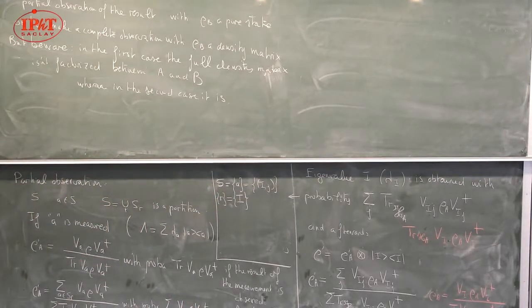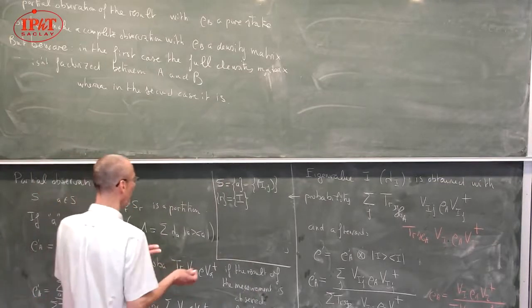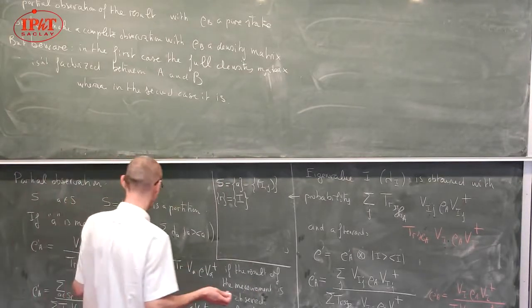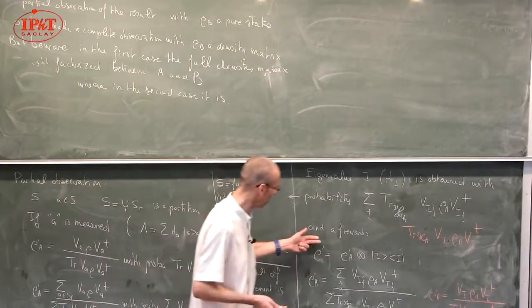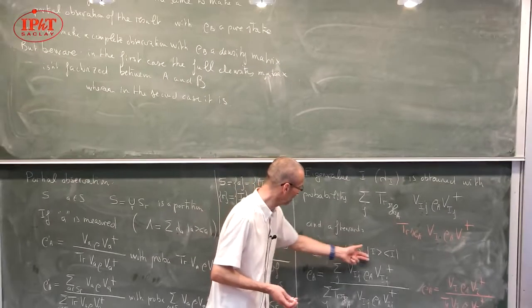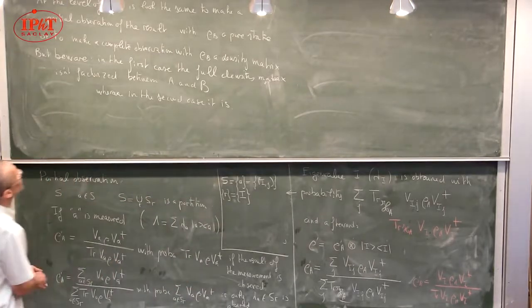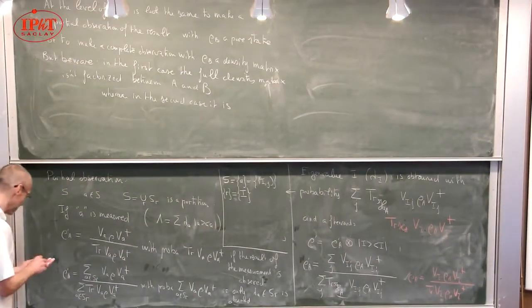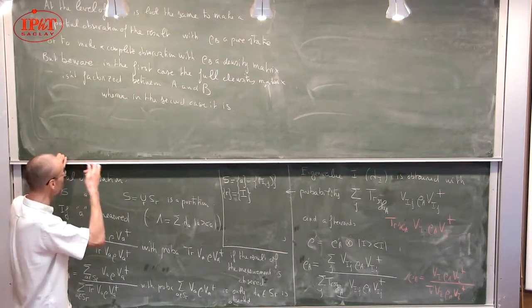Okay, but then afterwards, even if on A the result is exactly the same, the complete result is that there are still correlations between the probe and the system after the measurement when you do a partial reading, and there is no correlation between A and B when you do this operation there.